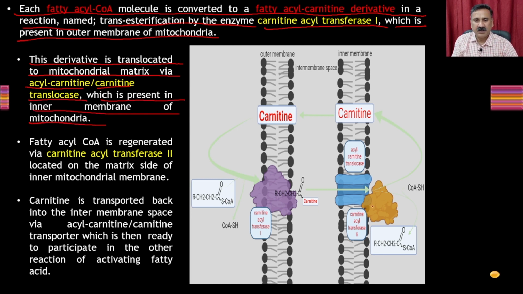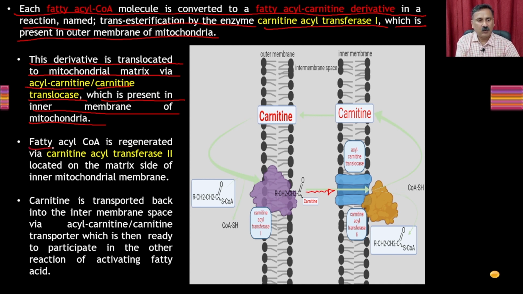So first, the fatty acid is tagged with the carnitine protein, and once this happens, it gets a particular type of token, and with the help of this token, it gets inside the inner mitochondria.